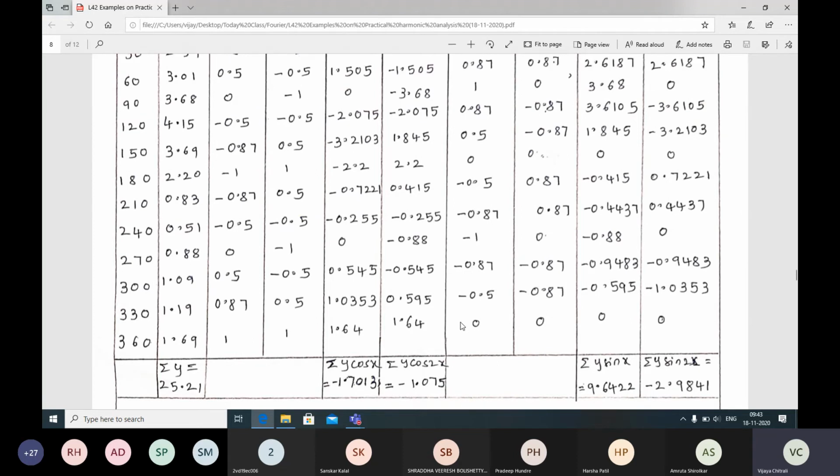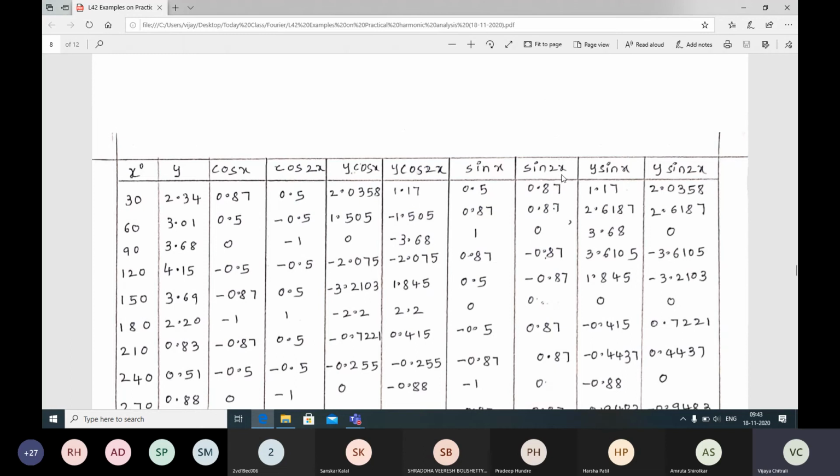Now find sin 2x. The x values are 30, 60, 90, and so on, so 2x means 2 into 30, 2 into 60, 2 into 90, and so on. So 2 into 30 is 60.